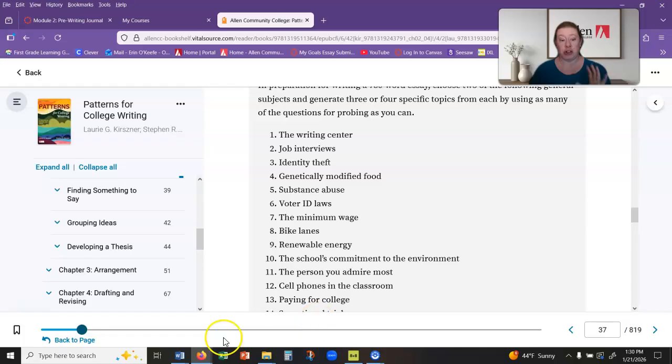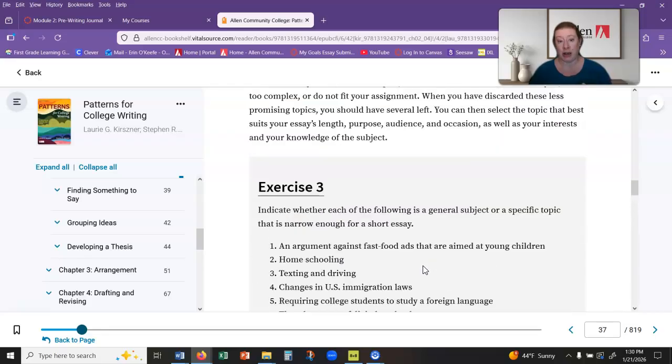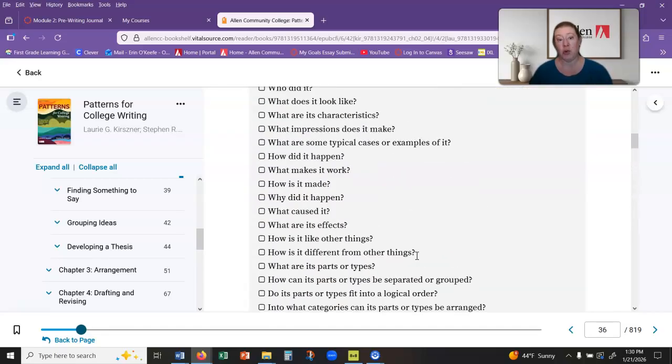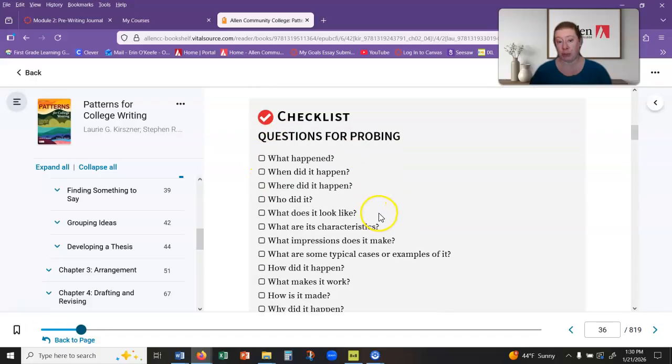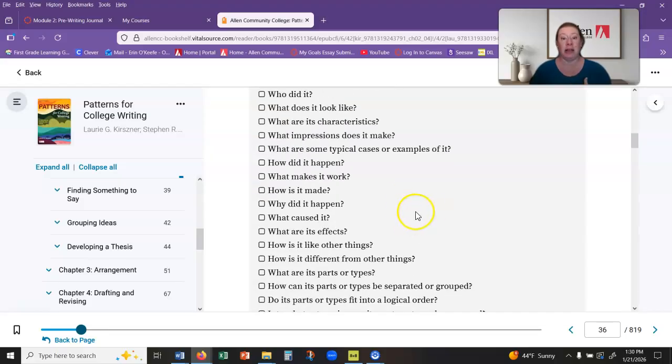Then what you're going to do is start your Word document, and for those 3 topics, you're going to generate 3 questions about each. These are called questions for probing, and it sounds kind of weird, but questions for probing basically get you a more specific answer. So if your topic is cell phones in the classroom, you might ask yourself, what are some problems with cell phones in the classroom?